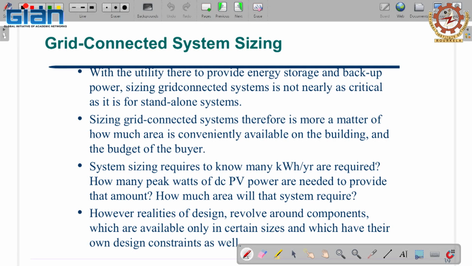Now, when we want to decide the sizing of the grid connected PV system that we want to use for commercial purposes, where we want to install it, we can see how much space is available.